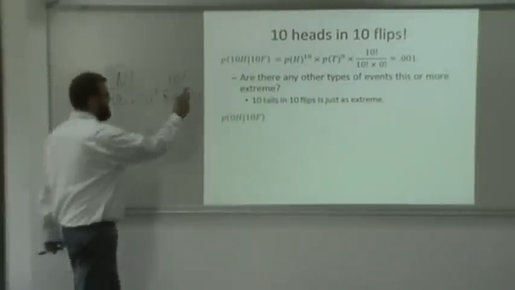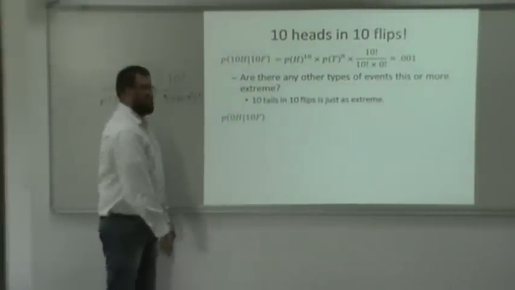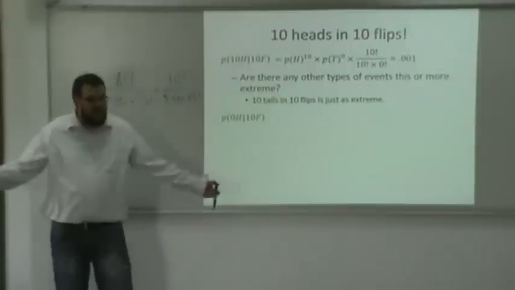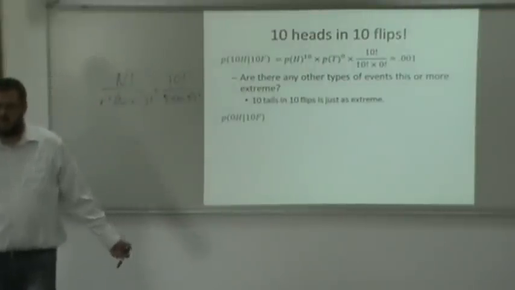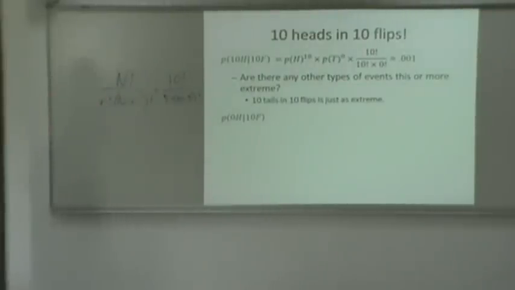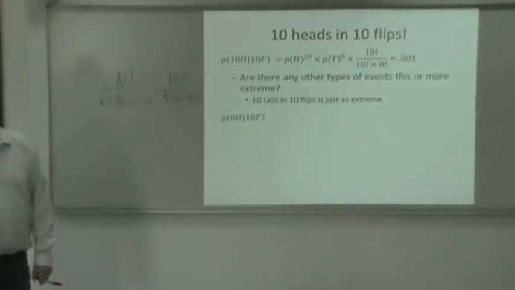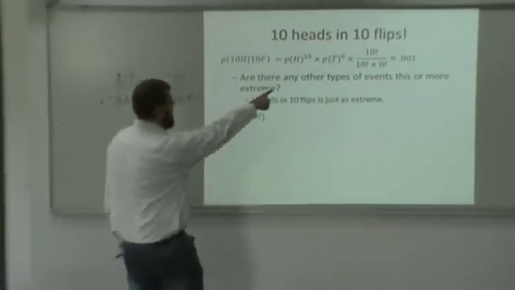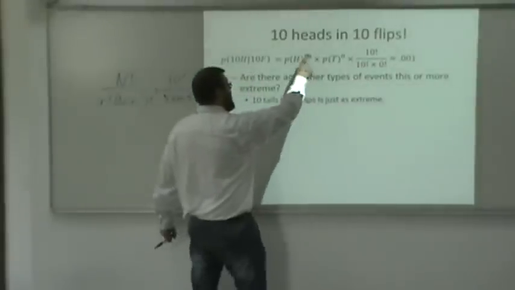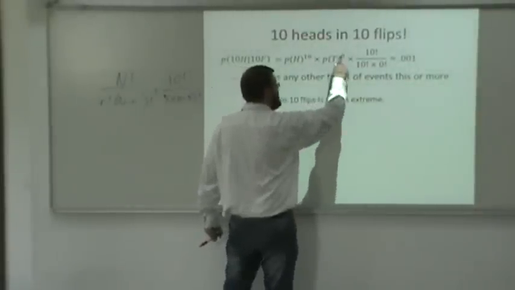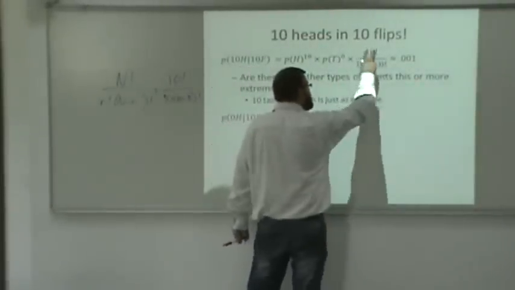I'm not going to write down tails, I'm going to stick with the heads, but I use 0 heads, right? Because 10 tails is just 0 heads. So the probability of 0 heads in 10 flips, well, what's this? Basically just flipping the numbers here, right? We'll have a 0 here instead of the 10, we'll have a 10 here instead of the 0. This will stay the same.